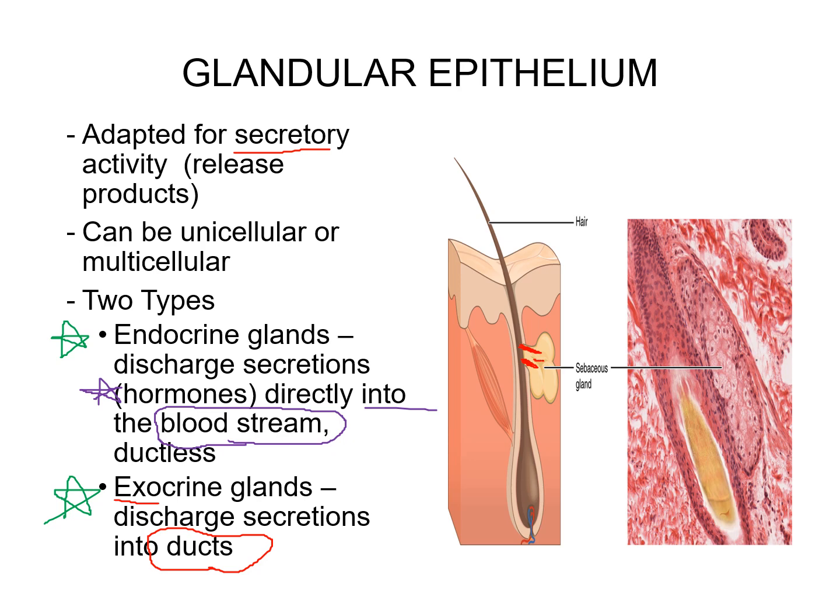And what happens is this tube is called a duct, and then eventually that oil climbs up the hair and gets to the surface of our skin. But it doesn't matter if it's sweat or oil or earwax or breast milk or whatever we're secreting. If it's not going in the bloodstream, it is considered exocrine.